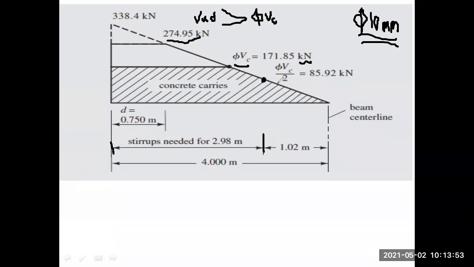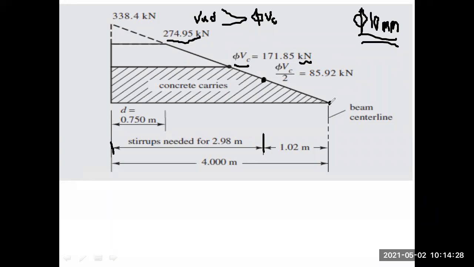Beyond this zone, we may not need stirrups, unless when we get the spacing or the number of shear reinforcement, like 5.1 as we have explained before, then you need to add one stirrup beyond the zone, but it shouldn't go beyond half of the beam.